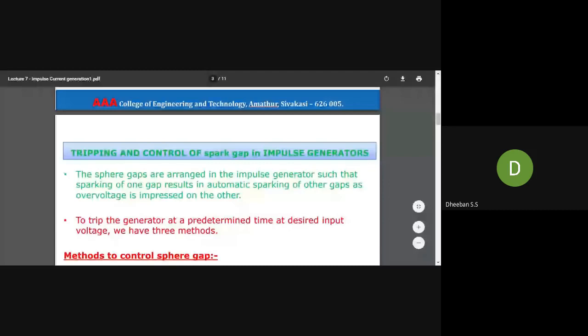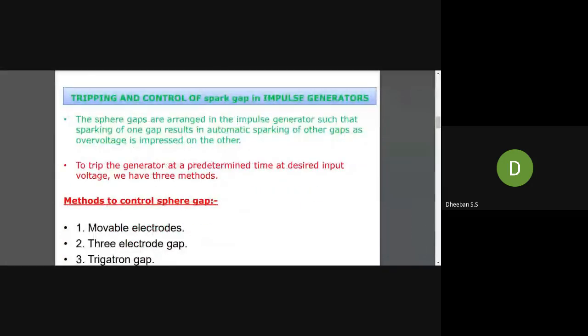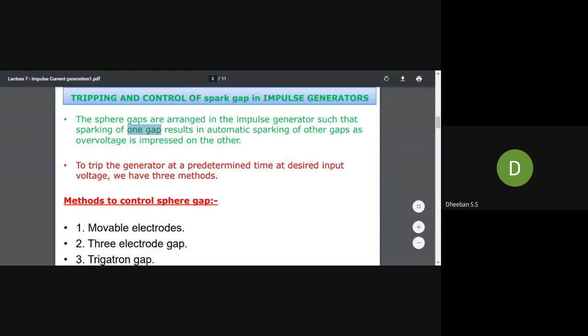The sphere gaps are responsible for impulse current generation. The sphere gaps are arranged in the impulse generator such that the sparking of one gap results in automatic sparking of the other gaps.